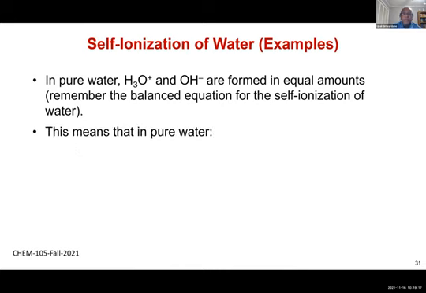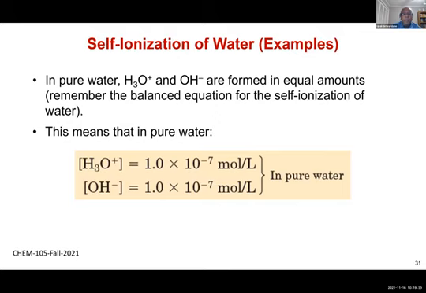This means pure water has 1 times 10 to the negative 7. The product is 10 to the negative 14. In pure water, hydronium ion and OH ion are equal. Therefore, to produce the 10 to the negative 14 Kw value, hydronium ion concentration in pure water has to be 1 times 10 to the negative 7, and the OH also the same concentration.